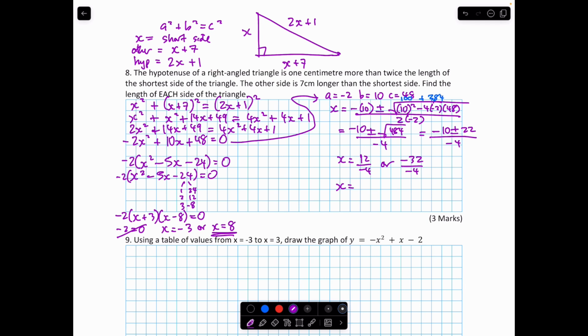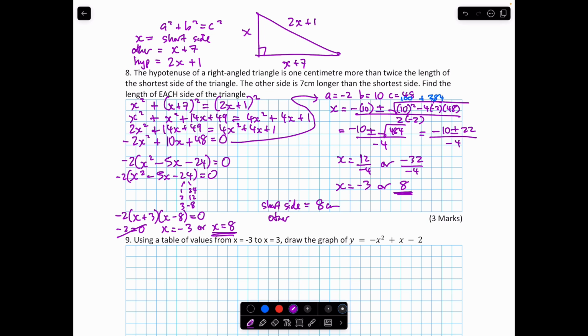X is going to be -3, or 8. You can't have a negative for the sides, so x must be equal to 8. So that allows us to find the sides. Short side is equal to 8 centimeters.